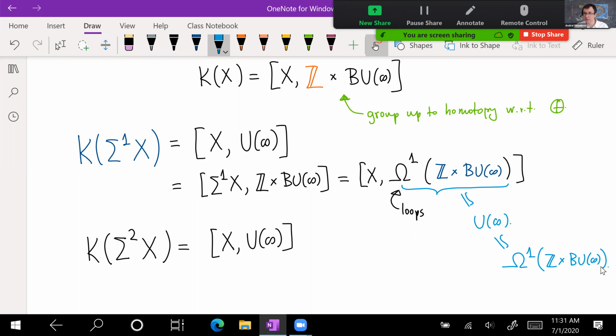So you have an infinite chain of spaces, each of which is loops in the previous one.